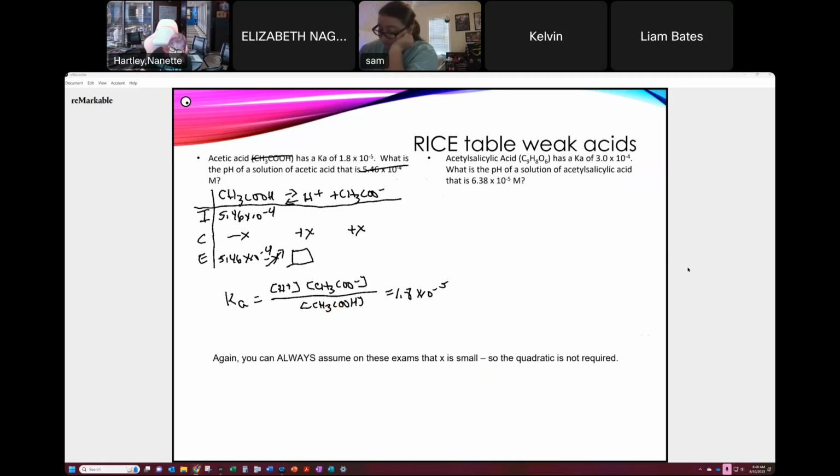I am then going to be looking for x for both of these components because I don't have concentrations for either of them. So that gives me my x squared over my initial concentration, 5.46 times 10 to the minus fourth, which is what you saw in the lab. It said x squared over the initial concentration. So that's what I've got here, and that's equal to that 1.8 times 10 to the minus fifth.